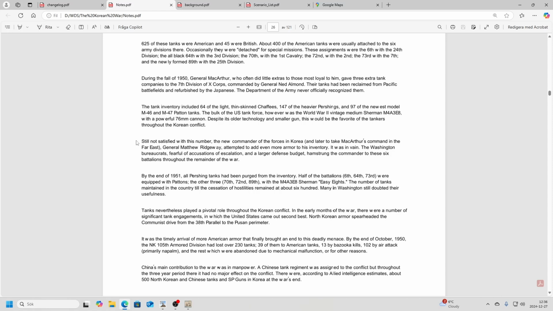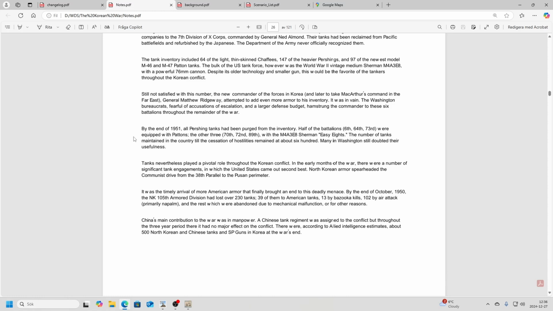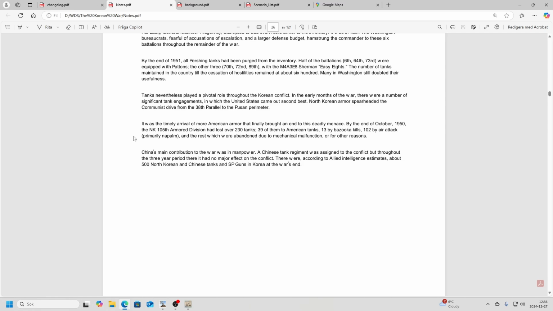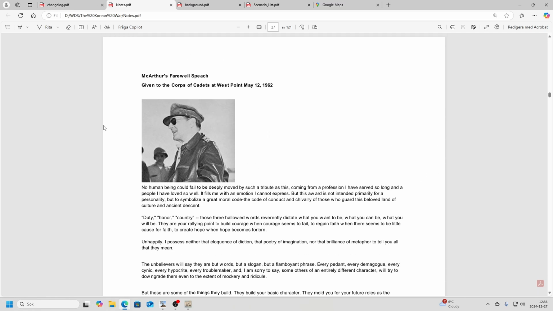The bulk of the U.S. tank force, however, was the World War II vintage medium Sherman M4A3E8, Easy Eight, with a powerful 76 gun. Despite its older technology and smaller gun, this would be the favorite of the tankers throughout the Korean conflict. But then they ramped it up and pushed in and got the job done basically.